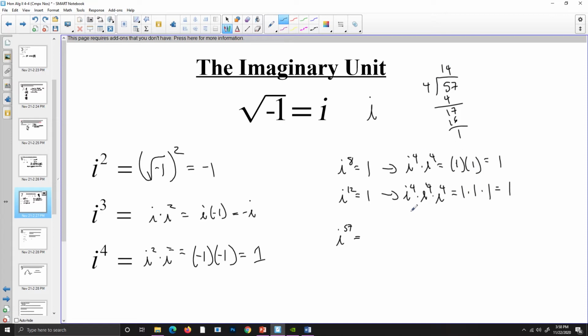So in this case, I will have 14 sets of 4, which will all be 1s. So this is i to the 56 times i to the 1st. That gives me my 57. And we know that i to the 56th is going to be 1, because that's multiplying by itself a multiple of 4 times, times just i, that'll give me i. So i to the 57th is just i.